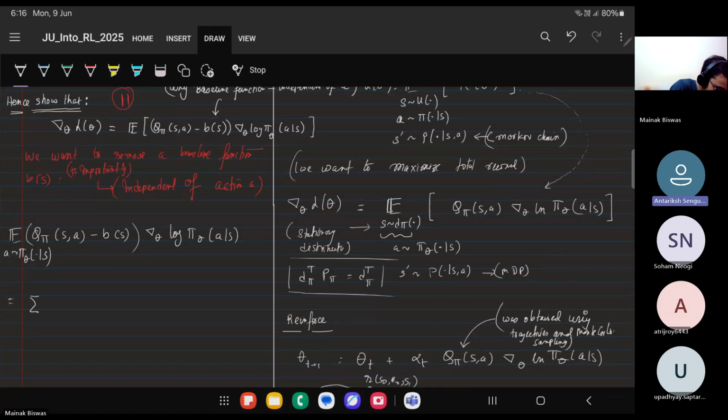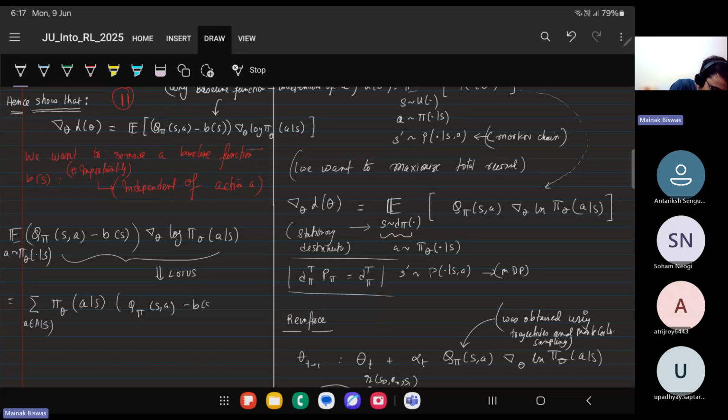Summation of mu of s, pi of a given s, into this: q pi of s comma a minus b of s.